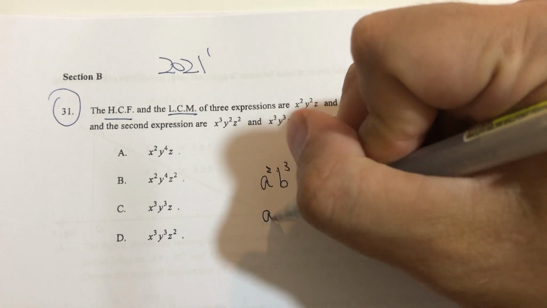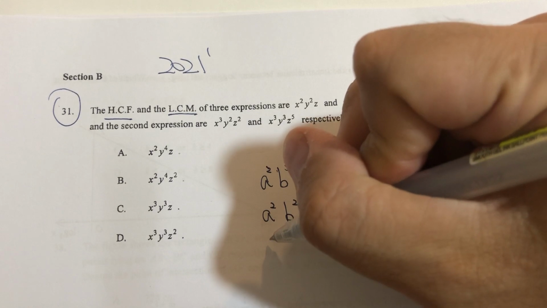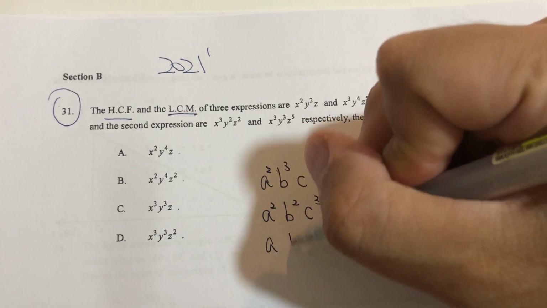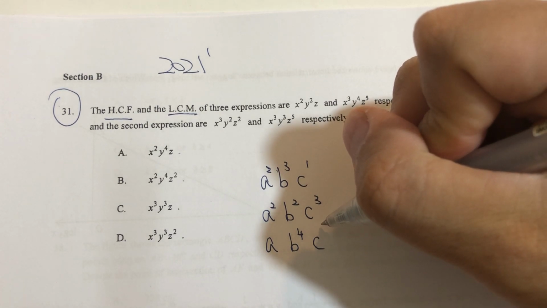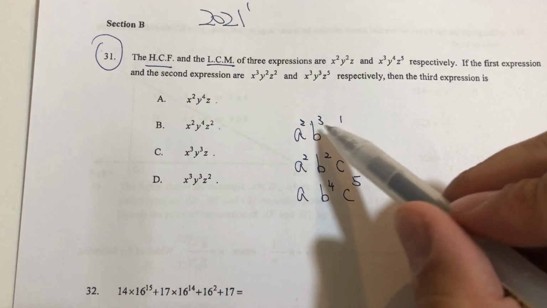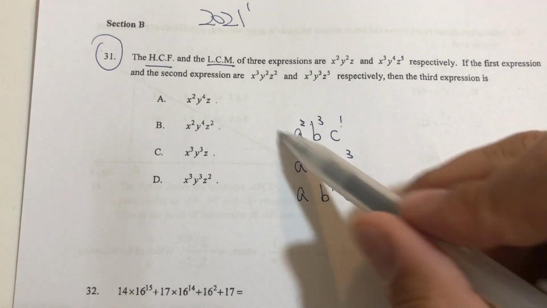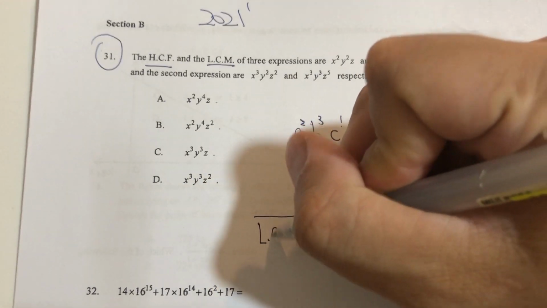And then we also have A to the power 2, B to the power 2, and C to the power 3. And then we have A, B to the power 4, and C to the power 5. All right? So, for example, if we have 3 terms, 1, 2, 3, then how do we find LCM?